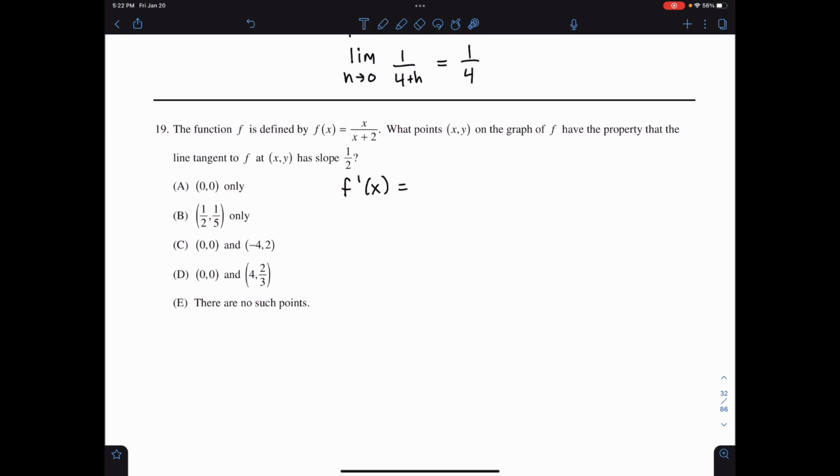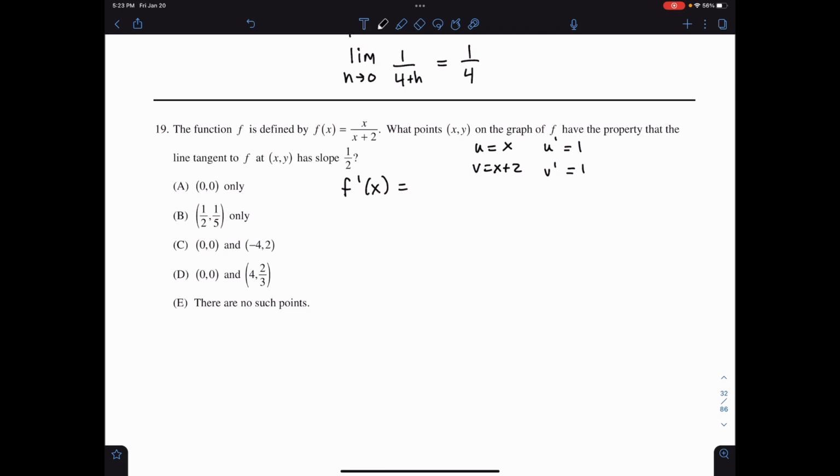And here we have a quotient, so we're going to use the quotient rule. I'm going to set my u equal to x and my v equal to x plus 2. So my u prime is 1, my v prime is also 1.